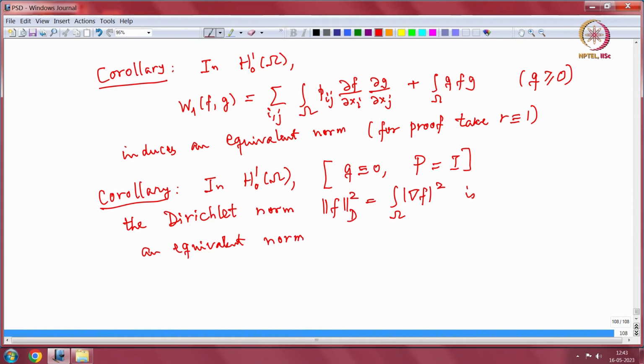Okay. So, that gives us one important inequality called the Poincare inequality. This is one way of proving it, and maybe we will see a different way of proving it.